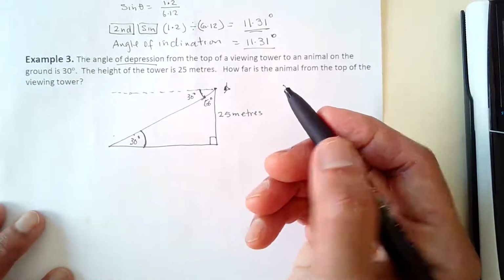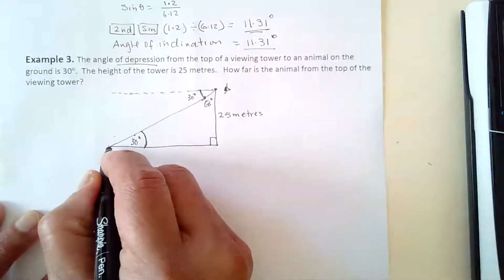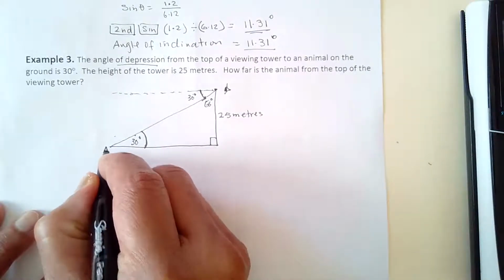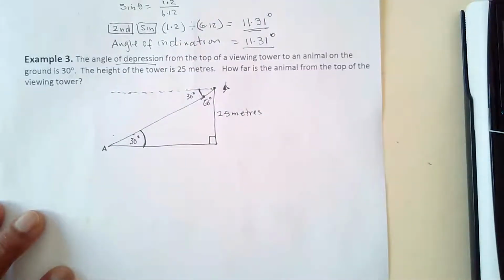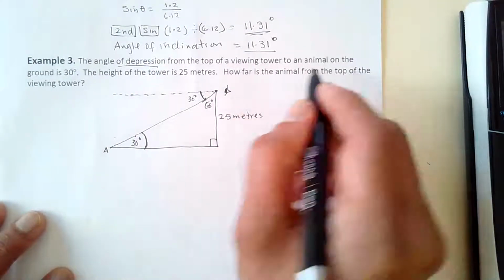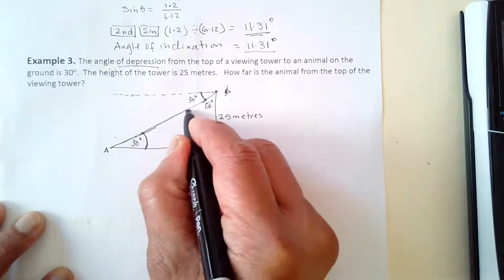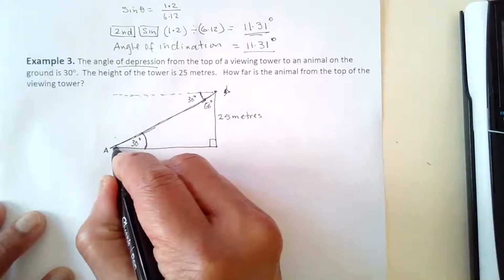But let's label it. They tell us that the animal is down here. So this is A for animal. Right. So we're asked to find how far is the animal from the top of the viewing tower. So we're looking to find this length, this distance here.